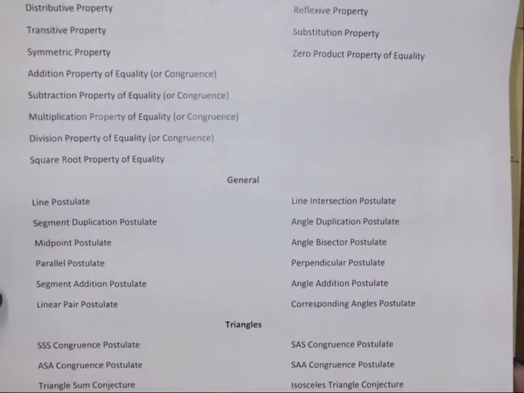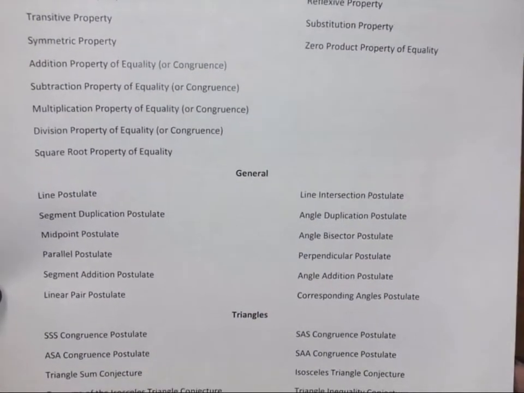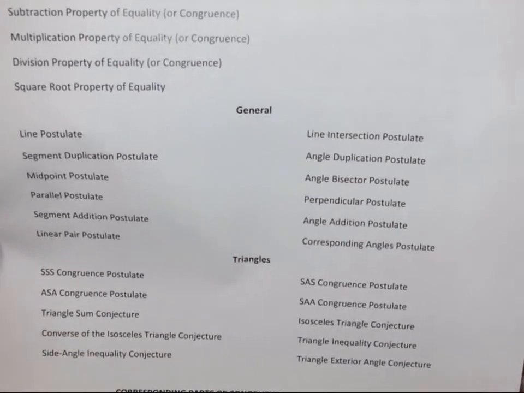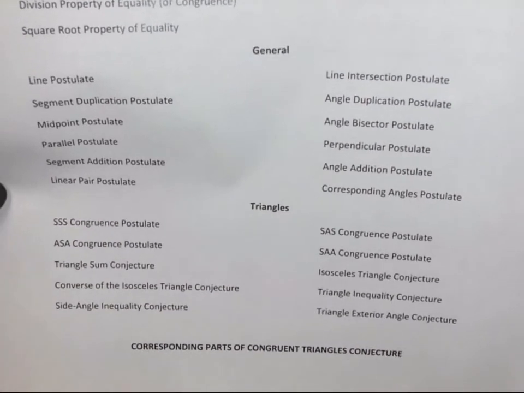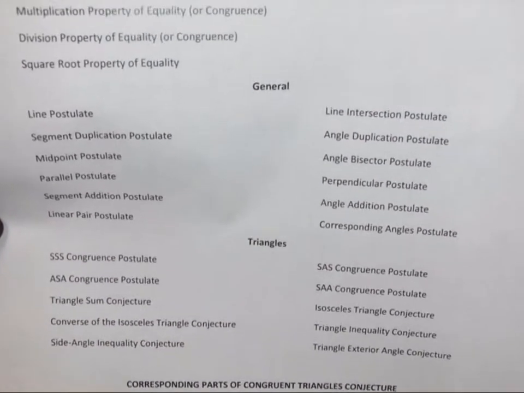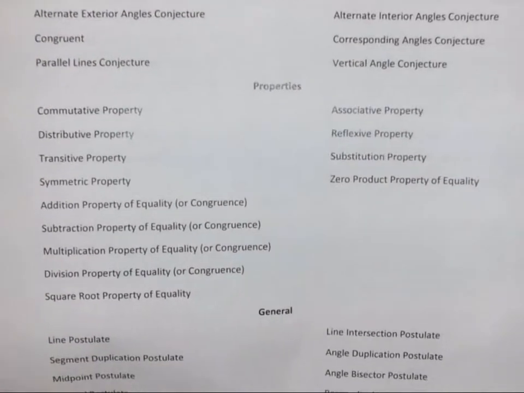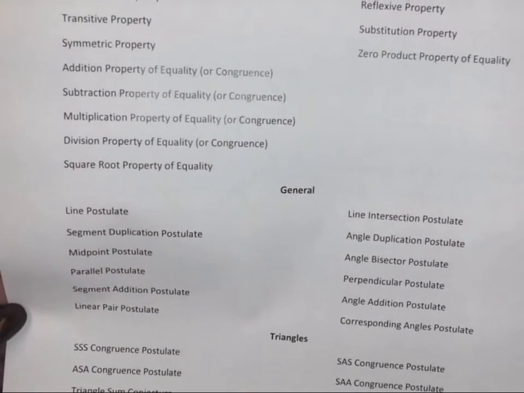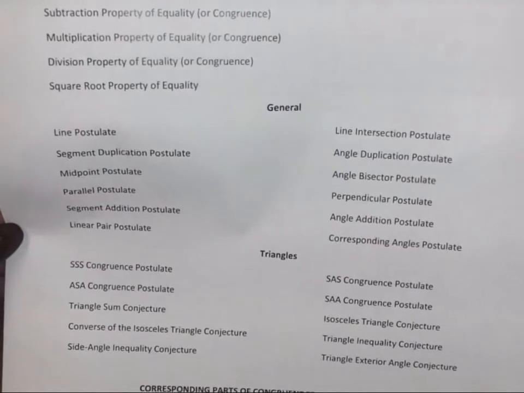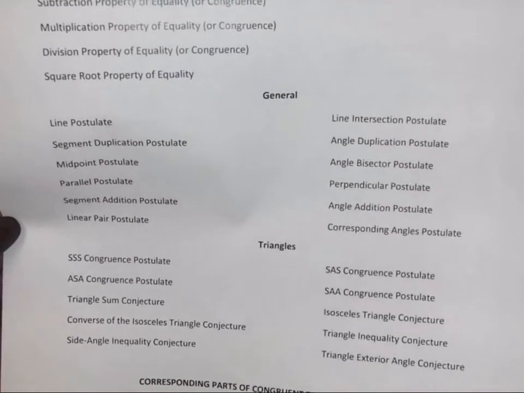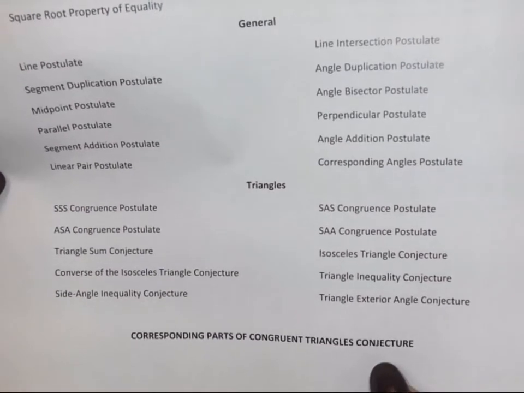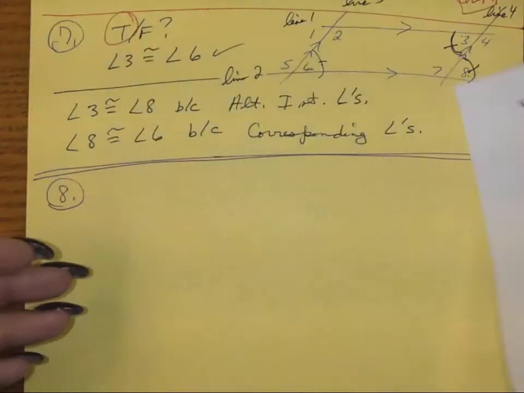And also, just a word, you will have a word bank again for this test for the proofing. And so this first page is exactly what you had on test 1. Parallel lines, properties, generic properties of equalities, general stuff, postulates, triangles, and corresponding parts of congruent triangles down there at the bottom.